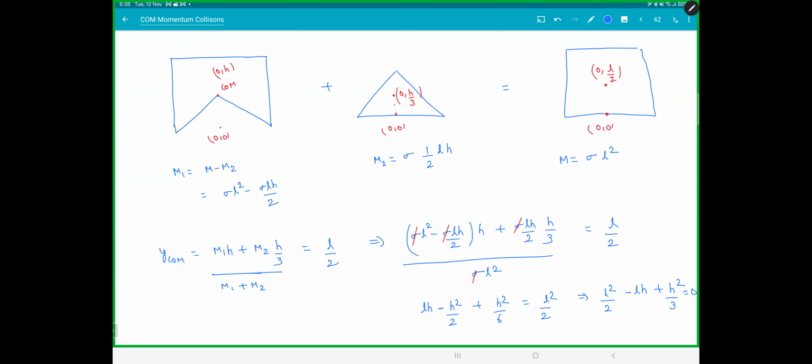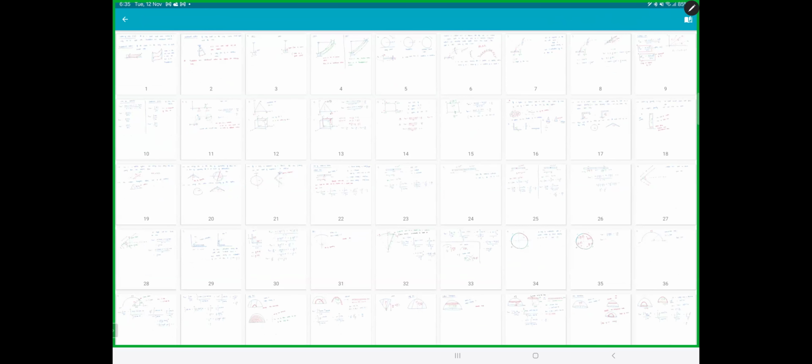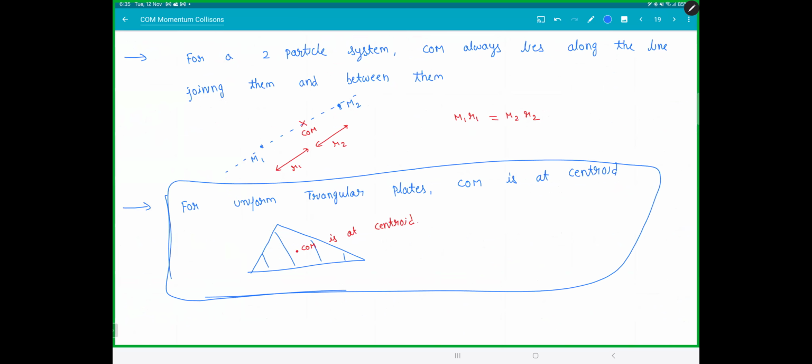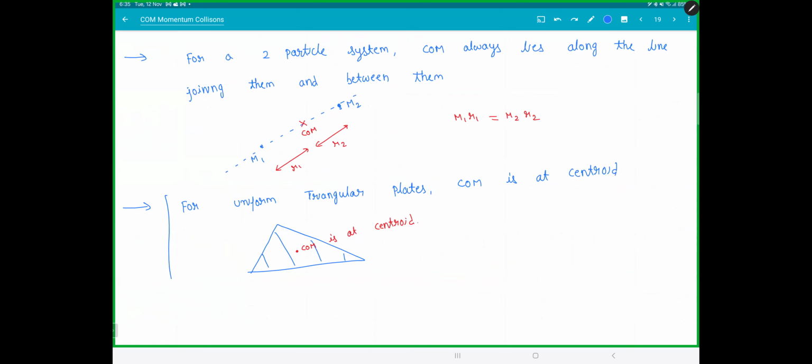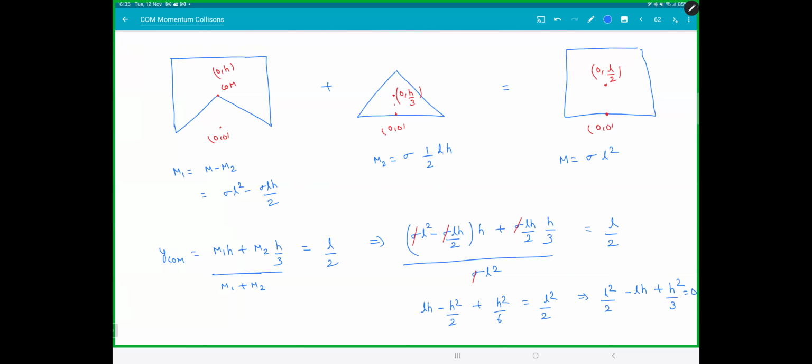So if you revise the notes, Vihan, you will know that. And this is what happens when you don't read the notes. For a uniform triangular plate, center of mass is at the centroid. But if you want to prove it, you can prove it. That will take another 5 minutes in the exam, so you will waste a lot of time. And if you do a calculation mistake, that question will go off. And then end May, instead of getting IIT Bombay, you will get IIT Guwahati.